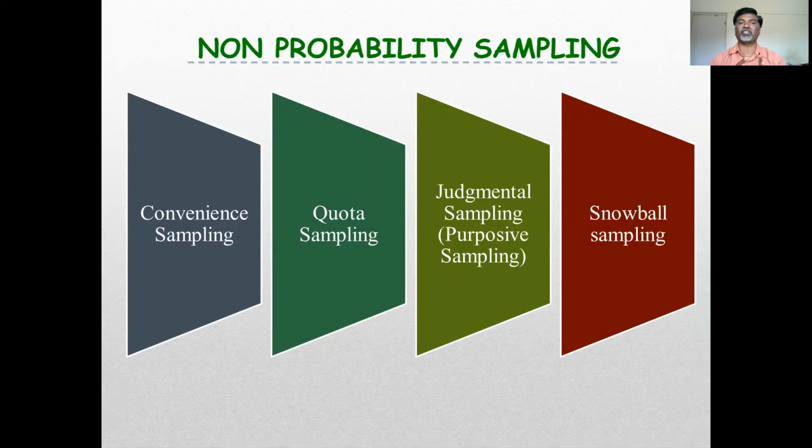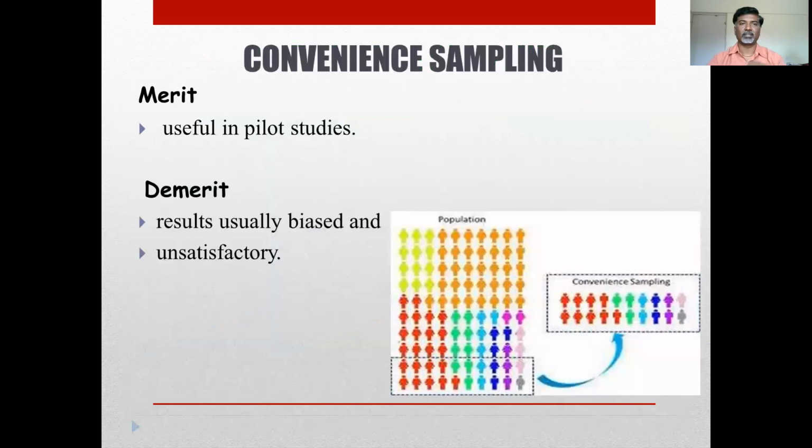The name itself indicates that convenience sampling is nothing but the researcher selecting, from the available population, respondents who are easily available for their research. So in convenience sampling, out of the population, the researcher selects a convenient group of members for their research.